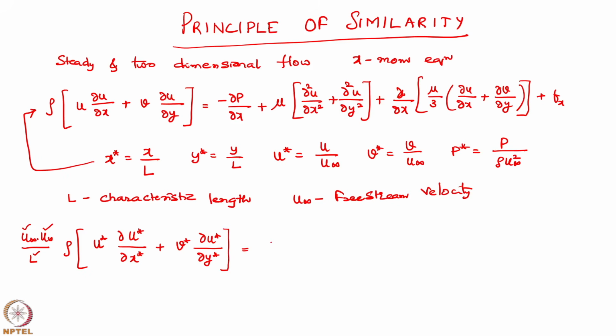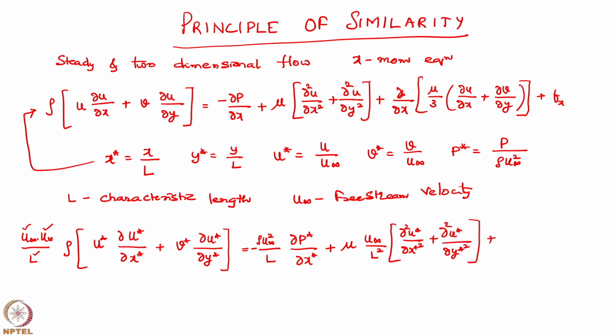Now here again you have p, so you have dou p star, that is you have rho u infinity squared, minus sign is there, divided by dou x star divided by L, plus same way you can do mu into u infinity by L squared into dou squared u star divided by dou x star squared plus dou squared u star divided by dou y star squared plus mu into u infinity by L squared dou by dou x star into 1 by 3 into dou u star by dou x star plus dou v star by dou y star, plus fx.